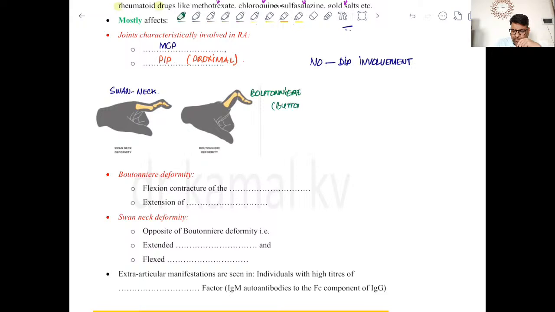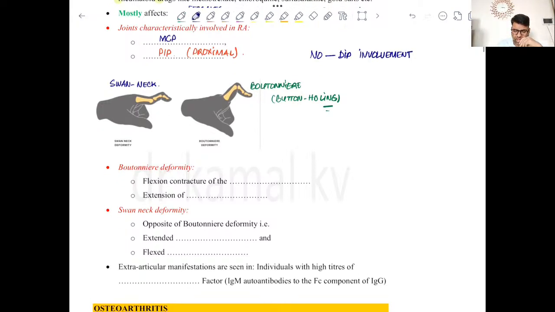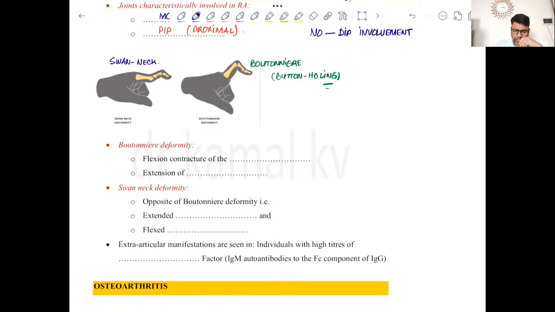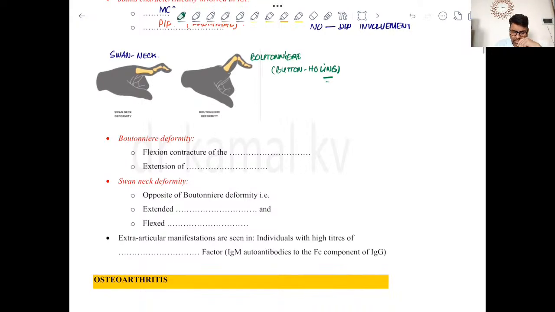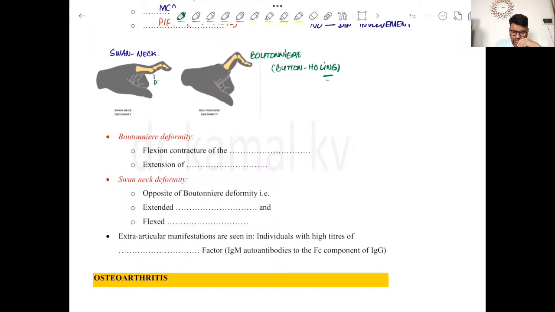Now the basic difference between the two is that they are opposite to each other, and we look at the characteristic posture at PIP, the proximal interphalangeal joint, and DIP, the distal interphalangeal joint.